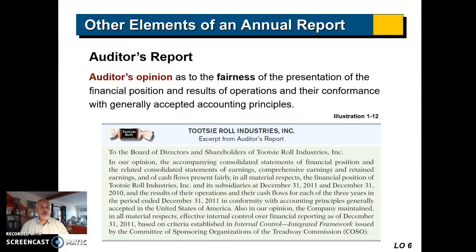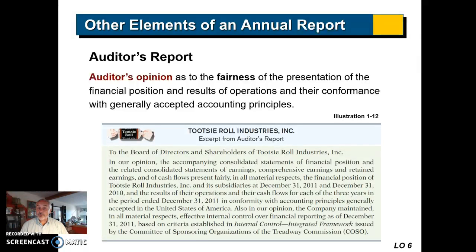They will make sure that ethical conduct is occurring in the company, and that the company is also following generally accepted accounting principles. We call that GAAP. What they will speak to is a statement that says the representation by the organization is fair. So let's look at what the auditors say about Tootsie Roll.